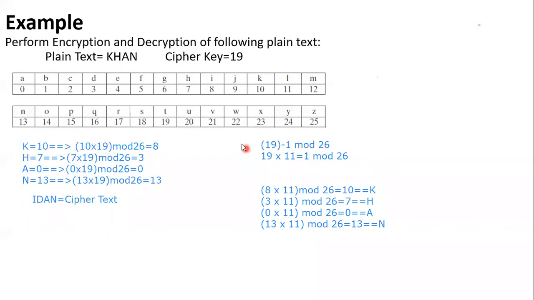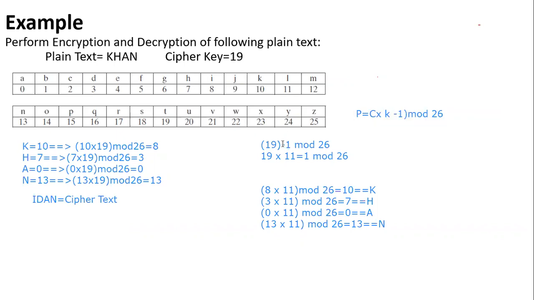On the decryption side, we already know that for decryption, we have to multiply the ciphertext with the K inverse, and then we have to take the mod 26, as I have discussed previously. So here the tricky part is this single statement, that is k inverse in mod 26.